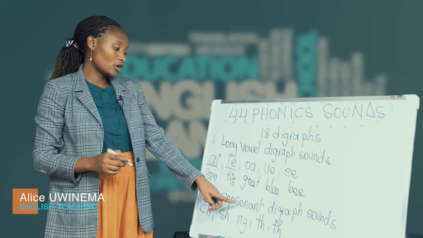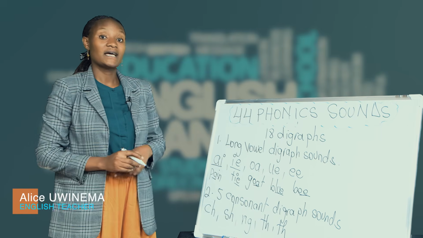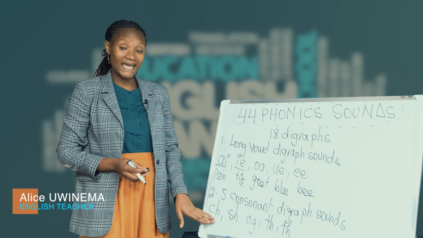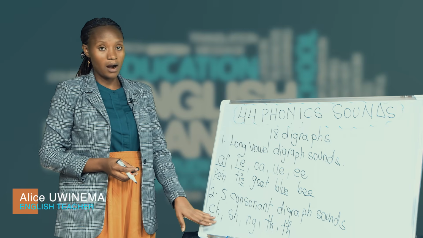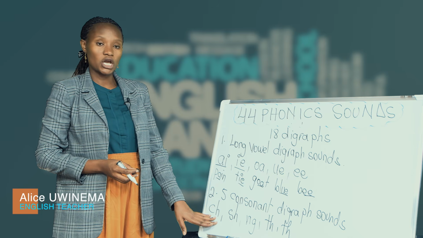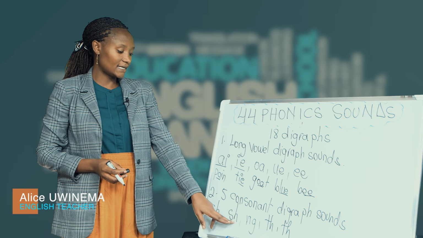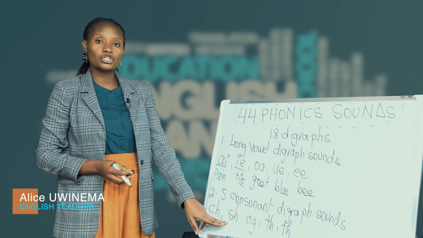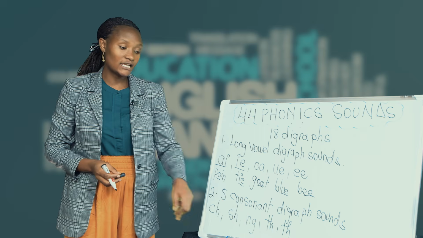The 5 consonant digraph sounds. We are repeating them. C and H makes sound ch. S and H makes sh. N and G makes ng.